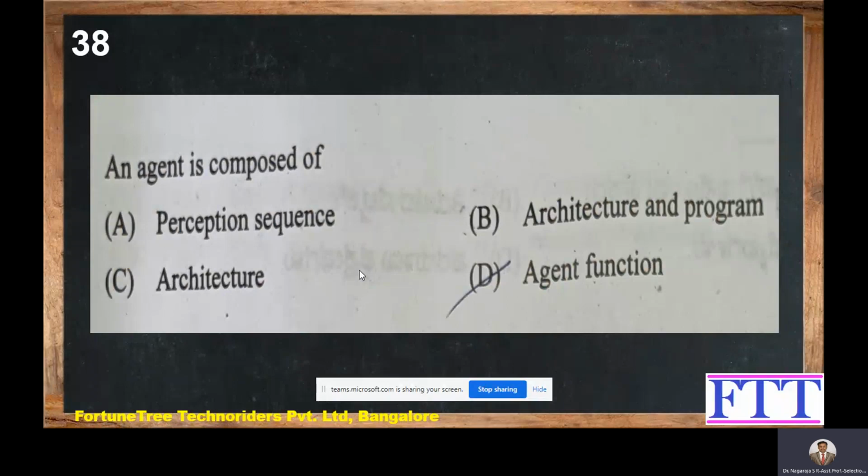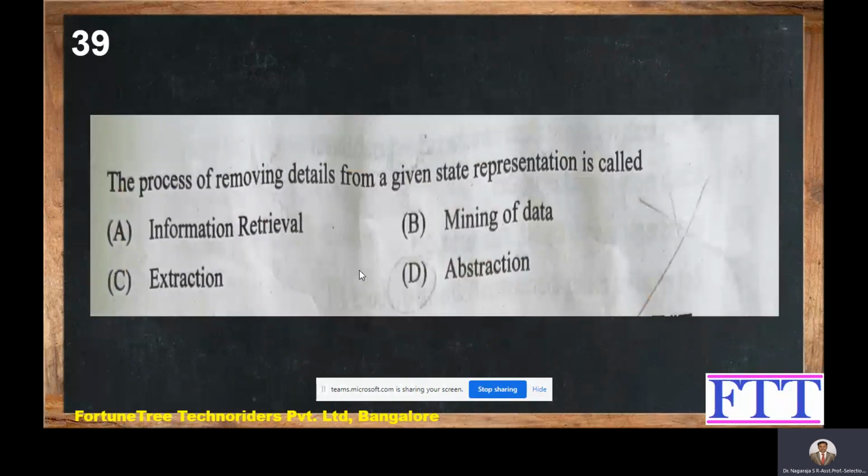So the right answer is option B, architecture and program. 39th question, the process of removing details from a given state representation is called option A, information retrieval. Option B, mining of data. Option C, extraction. Option D, abstraction. So the right answer is option D, abstraction.